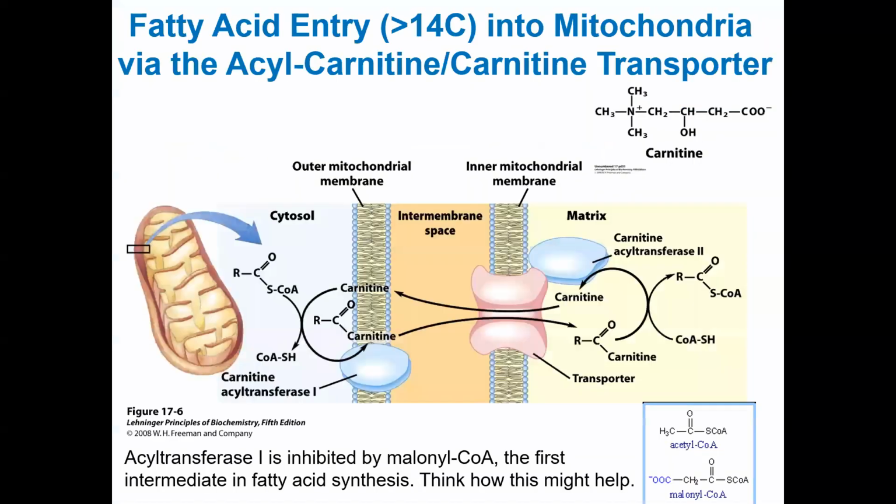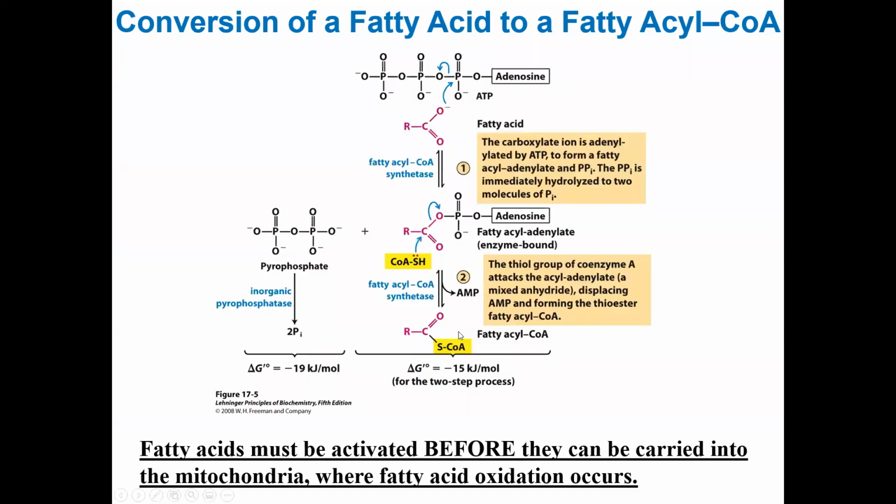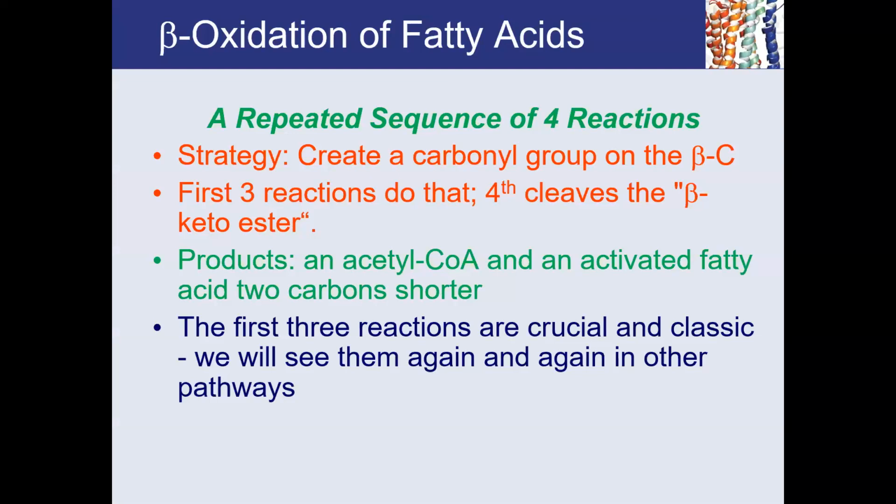Remember, I was telling you, you are taking the beta carbon and creating a carbonyl. So the first three reactions do that, and then the fourth reaction will cleave that bond between the alpha carbon and the beta carbon. So that's the fourth reaction.